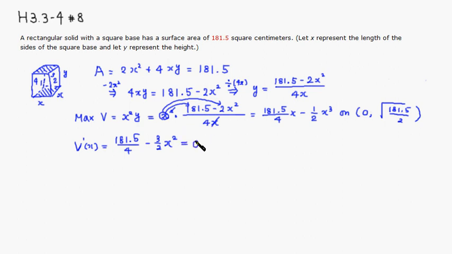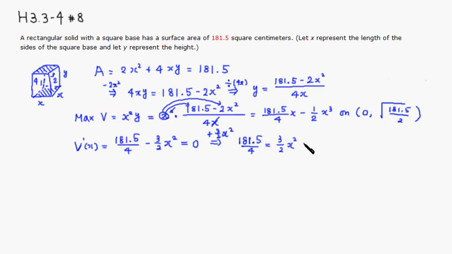First we can add 3 over 2 x squared to both sides, so you get 181.5 over 4 is equal to 3 over 2 x squared.